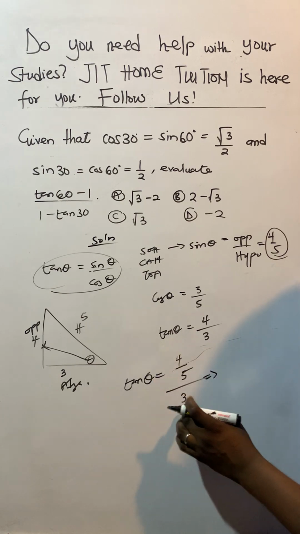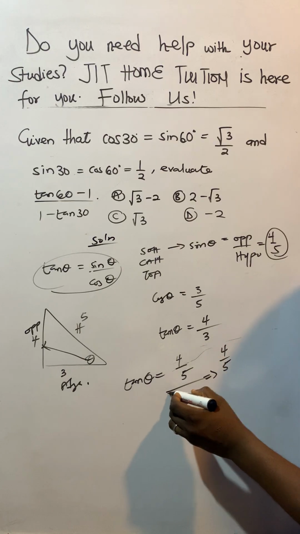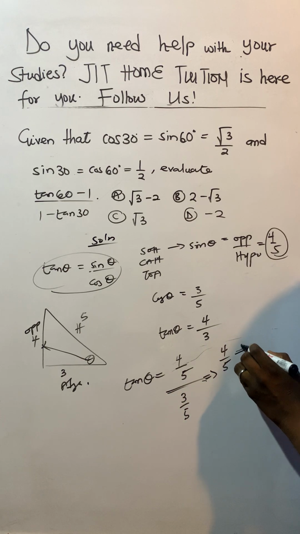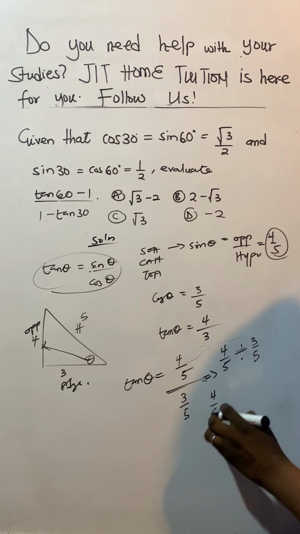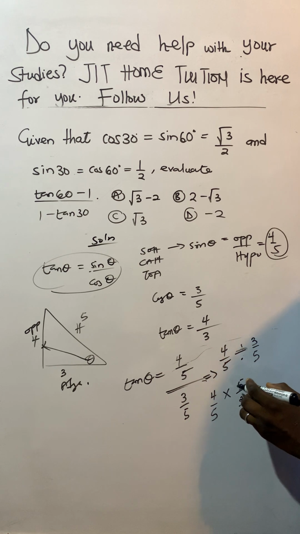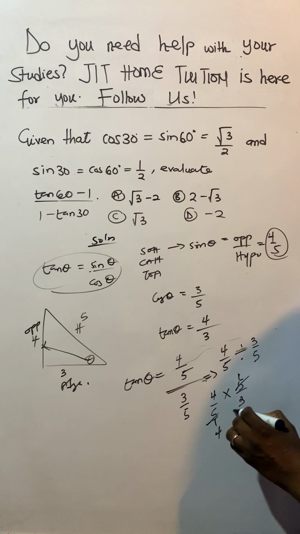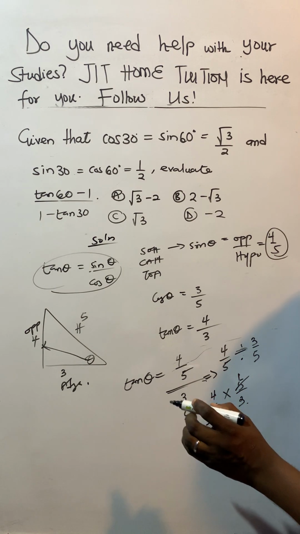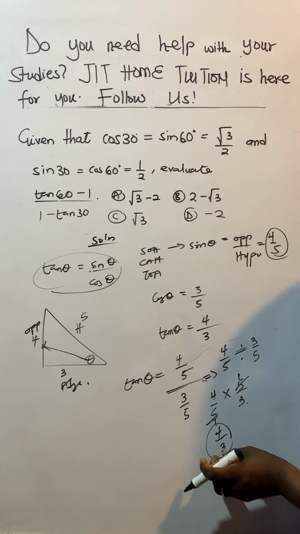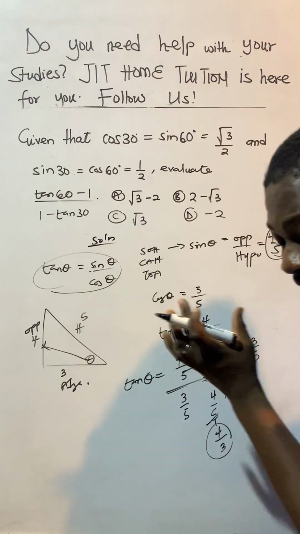You solve this in fraction form: 4 over 5 divided by 3 over 5. The division sign changes to multiplication, giving 4 over 5 times 5 over 3. The 5s cancel out, so 4 times 1 gives 4, and 1 times 3 gives 3. So at the end of the day, tan theta is equal to 4 over 3, which is what I initially wrote from this side.